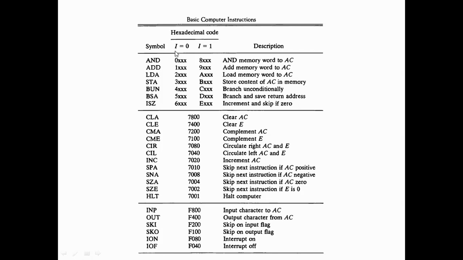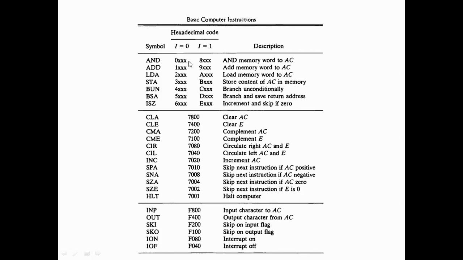So 0000 in hexadecimal means 0, and the remaining 12 bits we can represent by X X X, implying that it depends on what address is provided at that time.